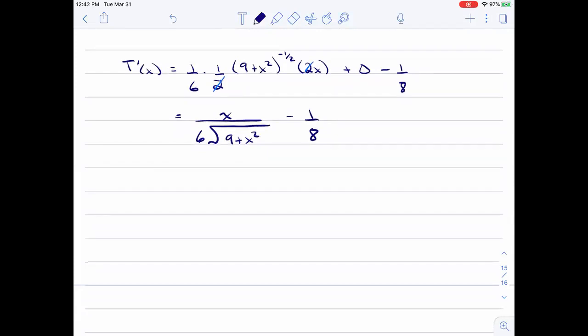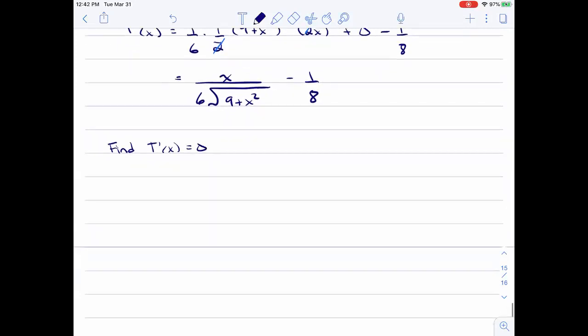If I force this to equal 0, so find T prime of x equal to 0, I get 0 is x over 6 times the root of 9 plus x squared, minus 1 over 8.